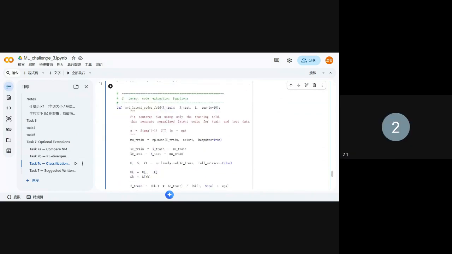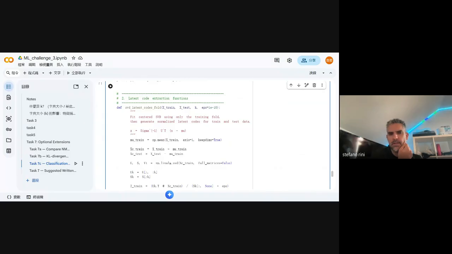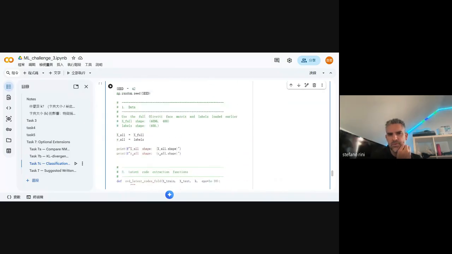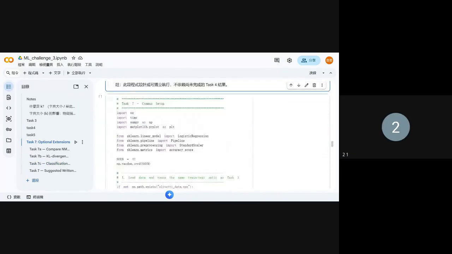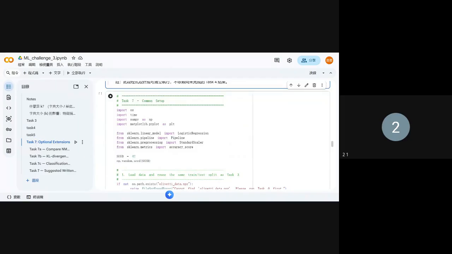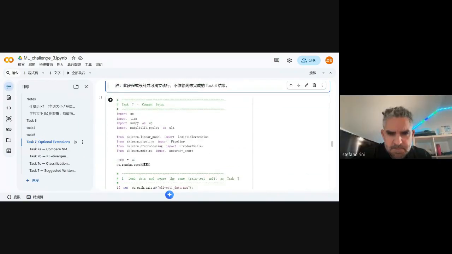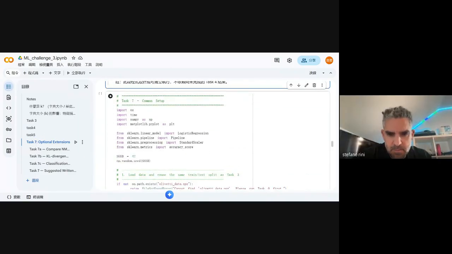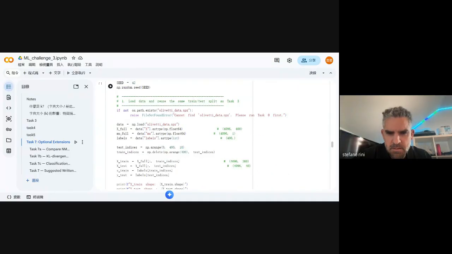I think the labels are loaded in task 7. Try to go to task 7. Yes. It's in a setup. Go down. Labels. But where is the label?